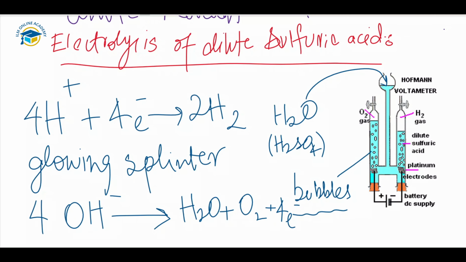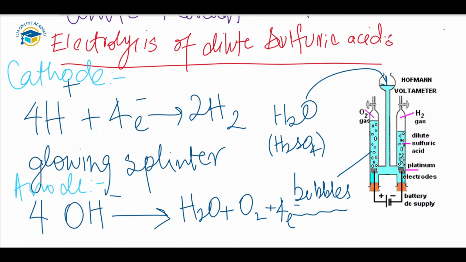So this is how the reactions happen at the cathode and at the anode. At the cathode we have hydrogen ions, and at the anode we have hydroxide ions that move towards the anode, and they give electrons to the anode electrode, and by giving electrons they form oxygen gas. A glowing splint will relight, and that proves that it's oxygen.